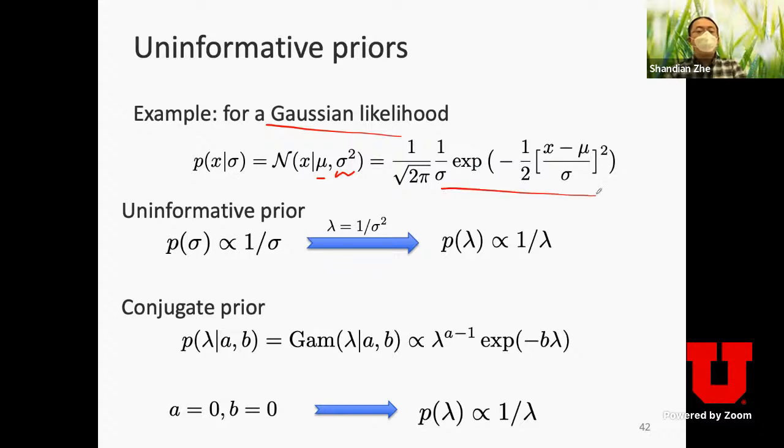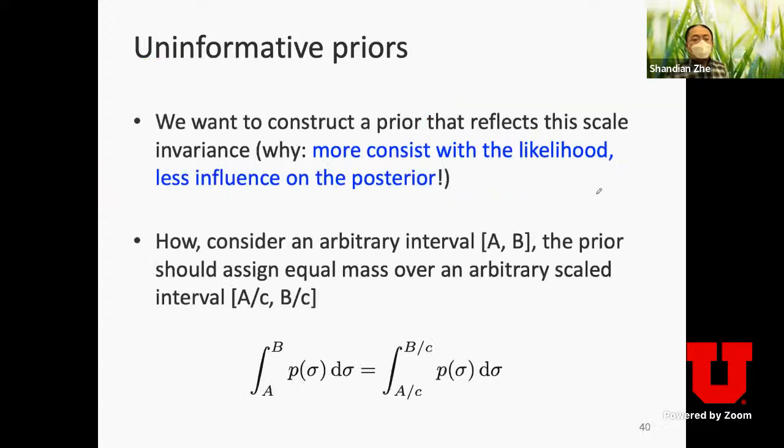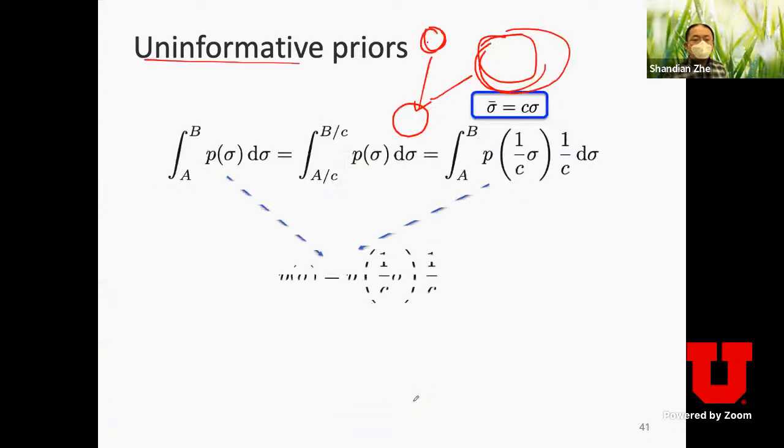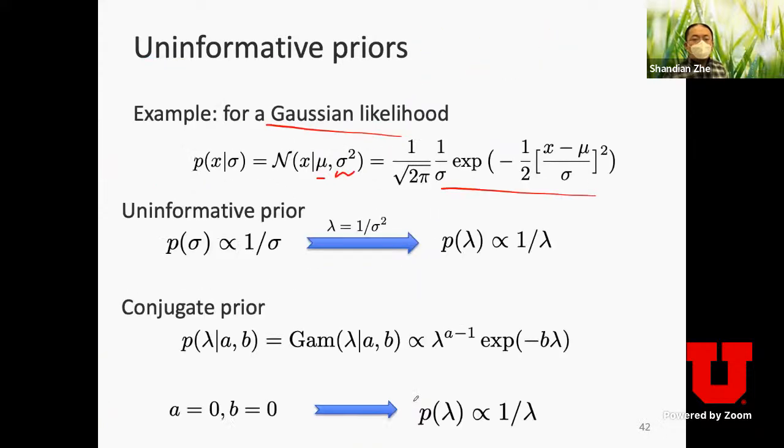So it satisfies the scale invariance, the general form we mentioned. Naturally, if we want to construct an uninformed prior for the standard deviation sigma, it's proportional to 1 over sigma, because this uninformed prior will also obey the scale invariance.